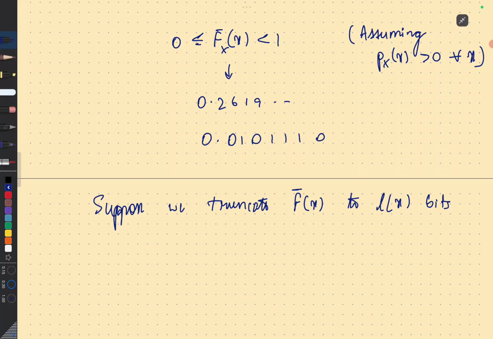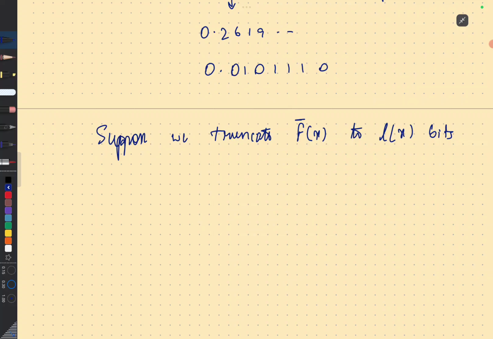When I say truncate f bar of x to L of x bits, what I mean is I only take the first L of x number of bits and then remove the rest of the bits following that. Suppose I do this, so let's call this f bar of x, L of x.